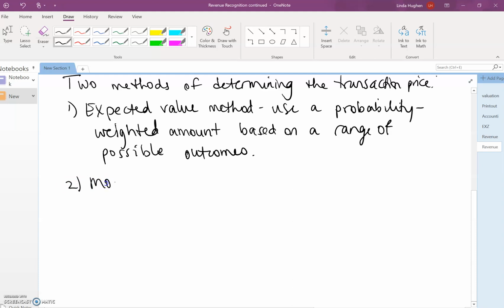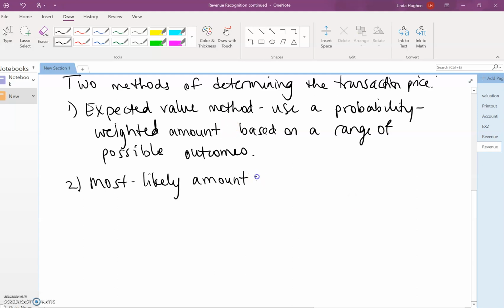The second method is much simpler. We use the most likely amount. This is typically used when we have just two possible outcomes. Either we're going to win the contract, or we're not going to win a contract. Maybe there's a 60% chance of winning the $100 contract and a 40% chance that we won't, and our revenue would be 0. In expectation, we would say our expected revenue is 60.